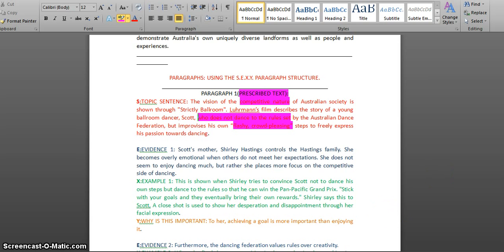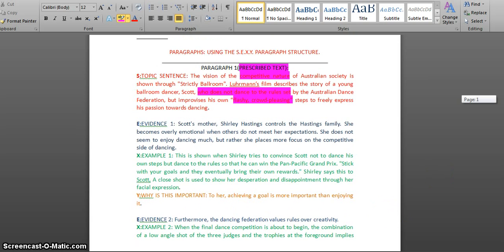Shirley says this to Scott. A close shot is used to show her desperation and disappointment through her facial expression. So his example is just one quote from the film, and it's also a camera shot that is a close shot in that case.